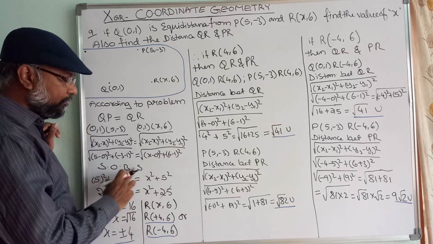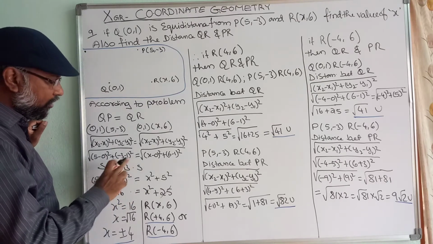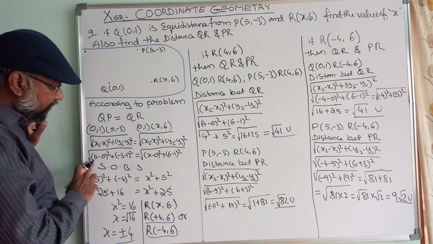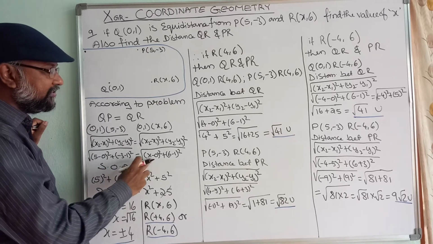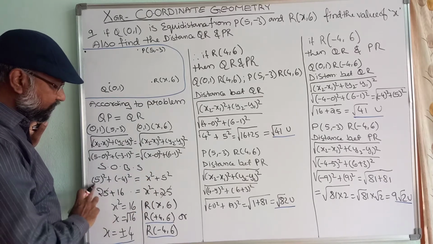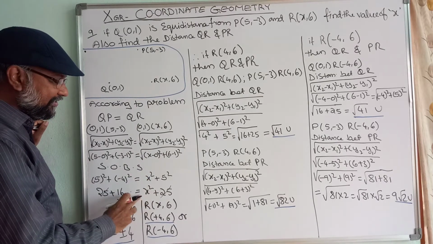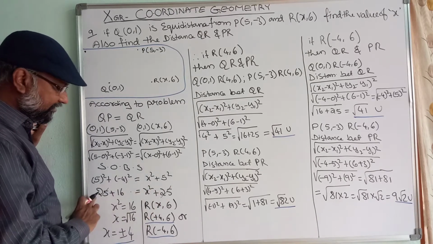Squaring on both sides, as we already discussed, the root will be eradicated. So 5 squared plus (-4) squared equals x squared plus 5 squared. 5 squared is 25, so 25 plus 16 is equal to x squared plus 25. If you bring 25 to this side, it will cancel.